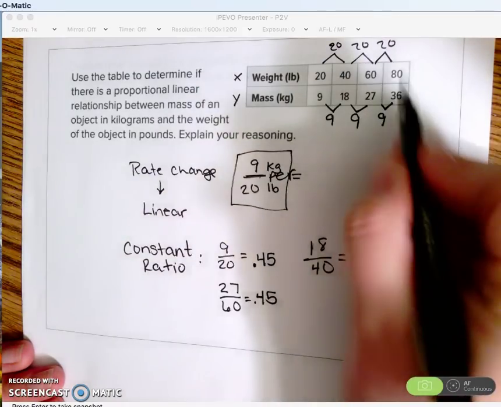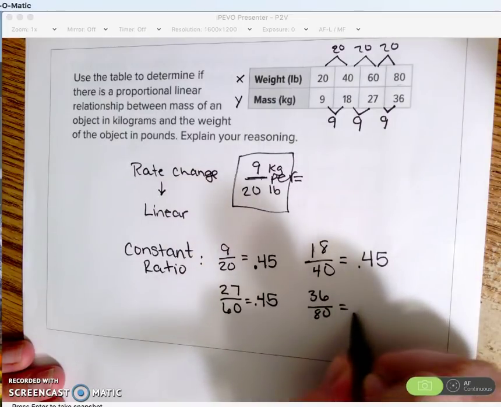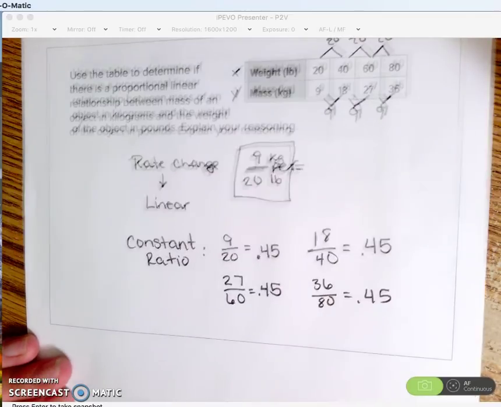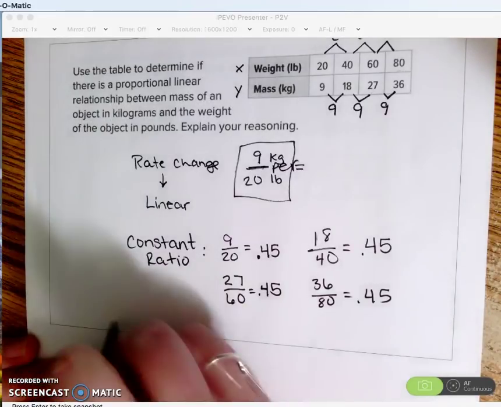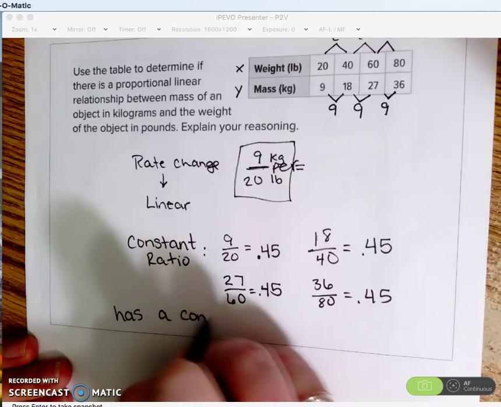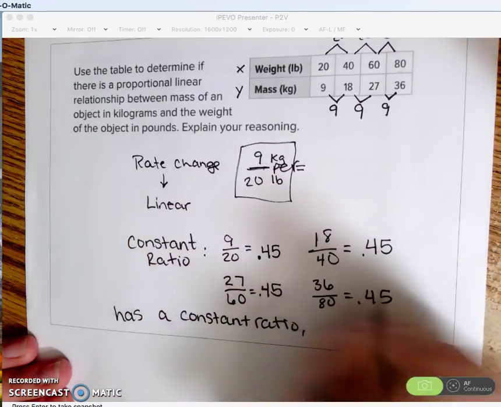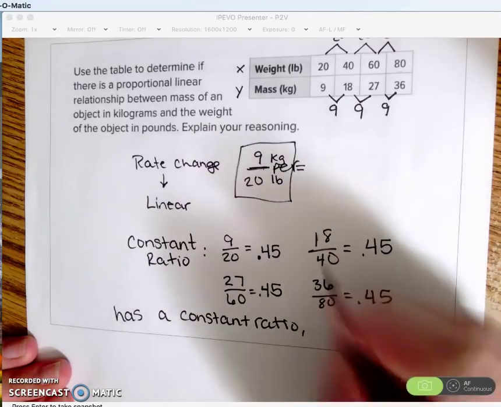And just for good measure, I'm going to check the last one, 36 over 80, and that's going to be 0.45. So because it has a constant ratio, it is proportional.